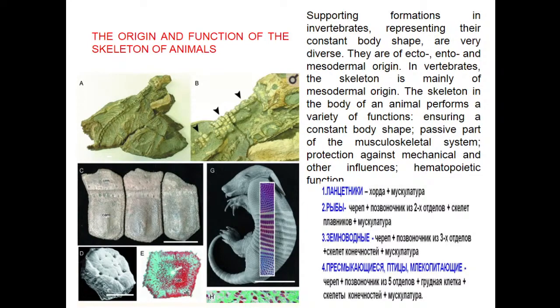The skeleton in the body of an animal performs a variety of functions, ensuring a constant body shape, the passive part of the musculoskeletal system, protection against mechanical and other influences, and hematopoietic function.